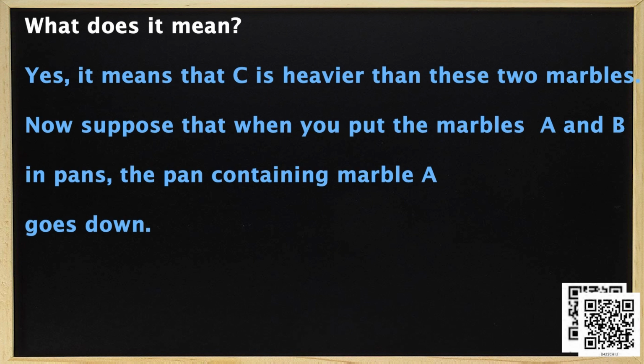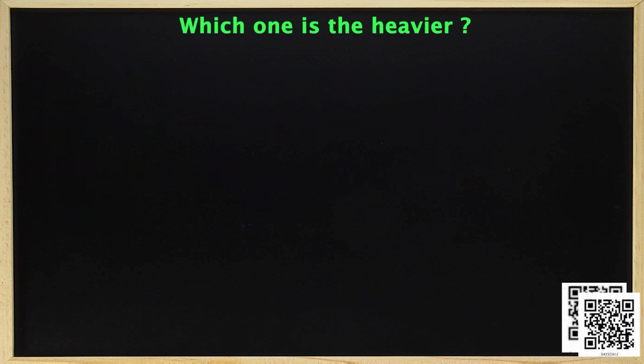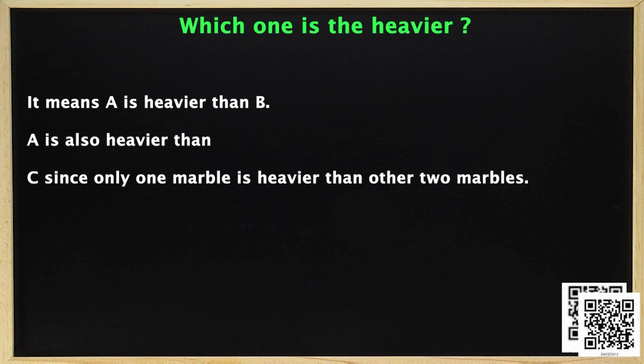Now, suppose that when you put the marbles A and B in the pans of the balance, the pan containing marble A goes down. Then which one is heavier? If the pan containing marble A goes down, it means A is heavier than B. If A is heavier than B, it also means that marble A is heavier than C, because only one marble is heavier than the other two marbles.